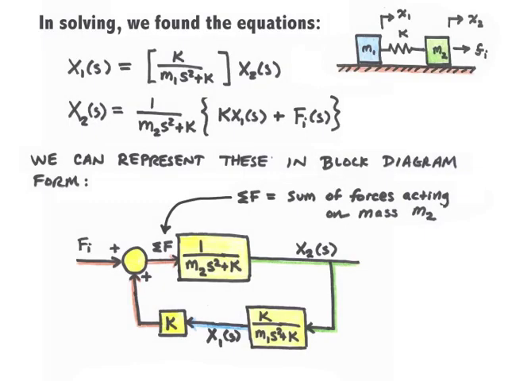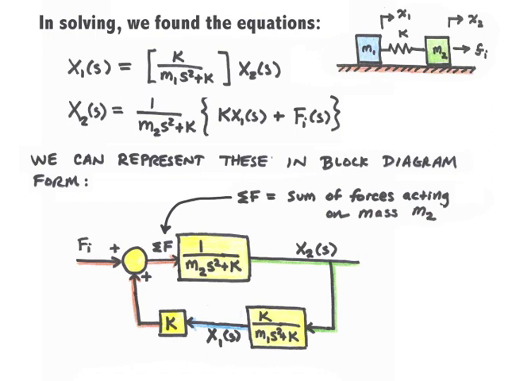When we were developing these equations, we had an intermediate step, which I'll now draw your attention to. We found that x1 of s was equal to k over m1 s squared plus k times x2 of s.